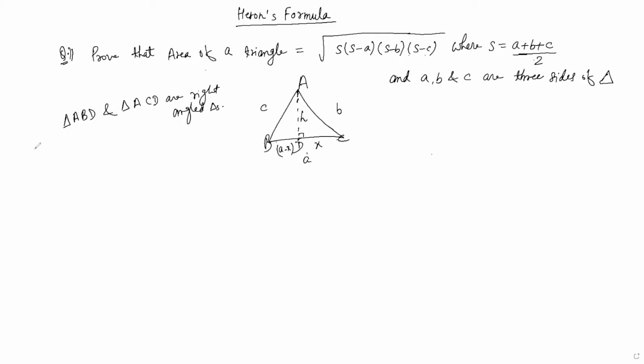So from triangle ABD, h will be nothing but under root c square minus (a minus x) whole square.